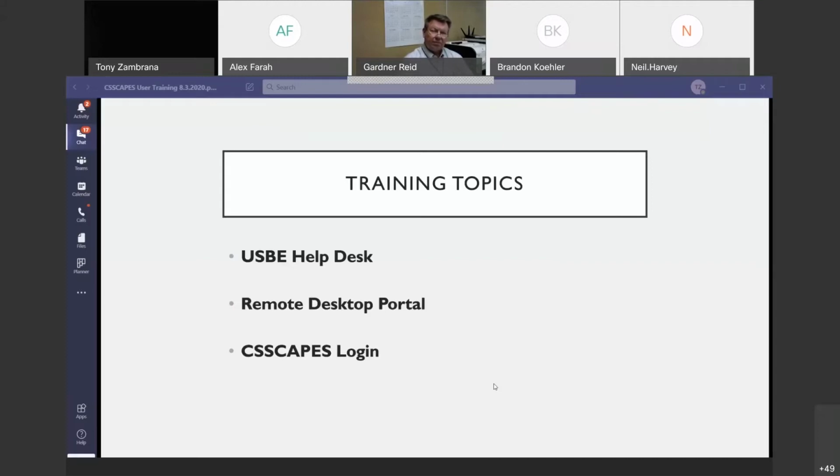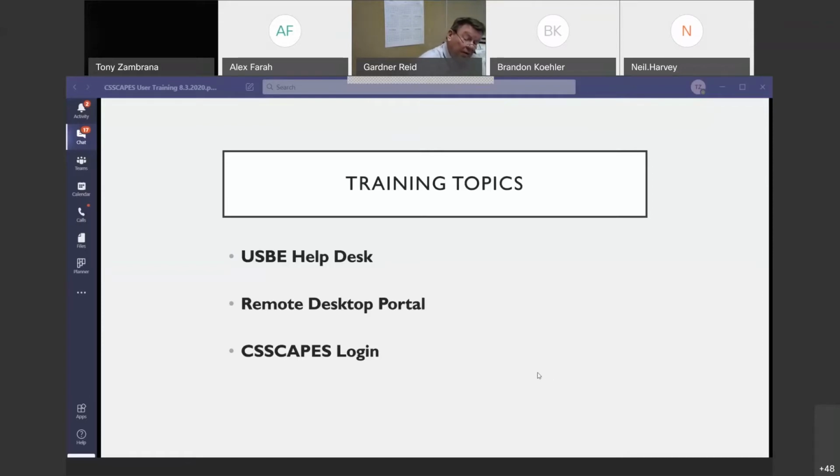I'm Bill Harvey. I'm with the application support team here at USBE, and Paula will be joining us soon if she's not already on. She's also our team lead with the application support team. So today I want to go over three things listed here on the screen. The first is our help desk access. This is where you can place tickets and access the help desk team with any questions you might have, primarily with accessing and logging into Seascapes.